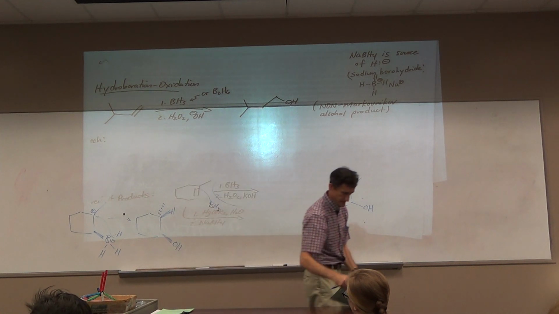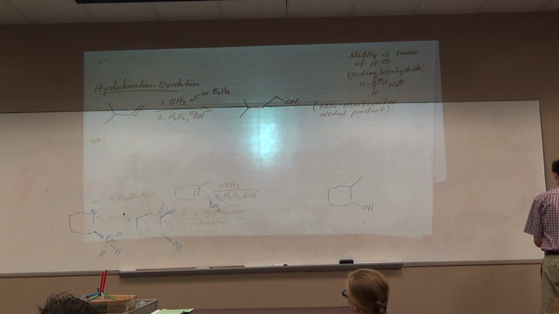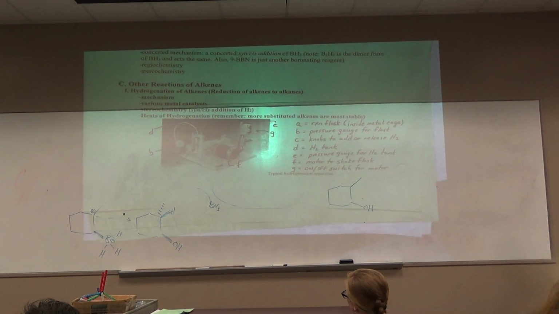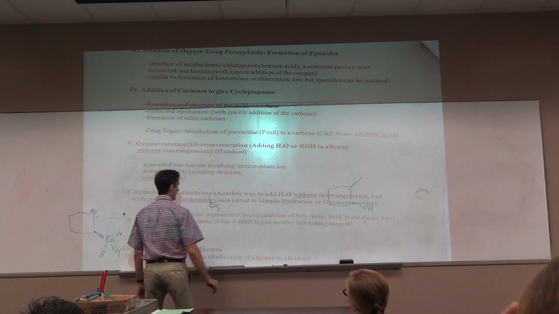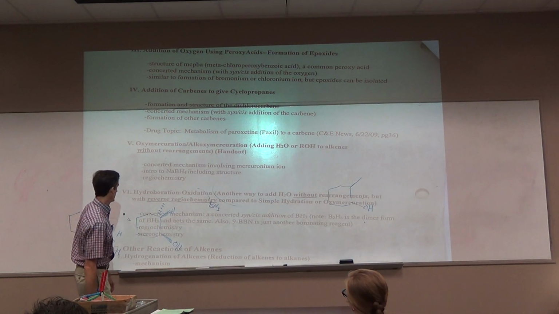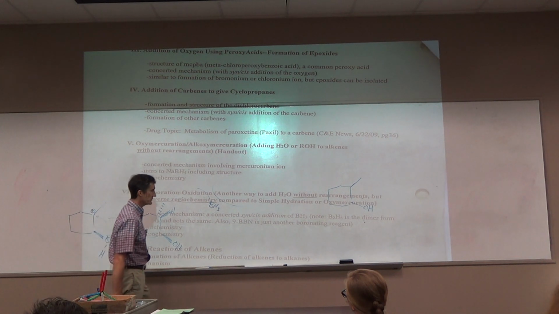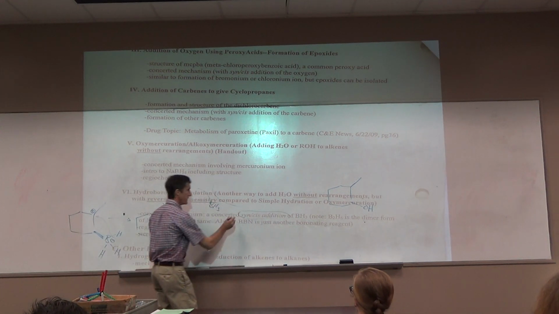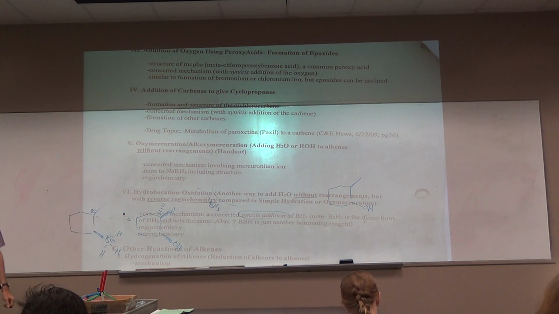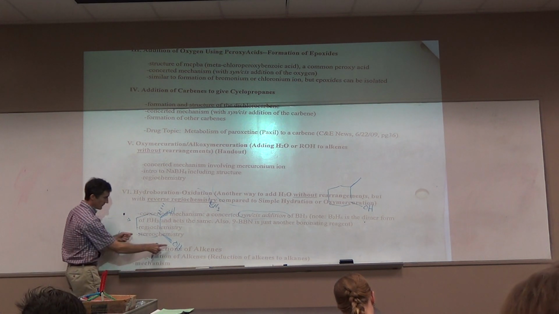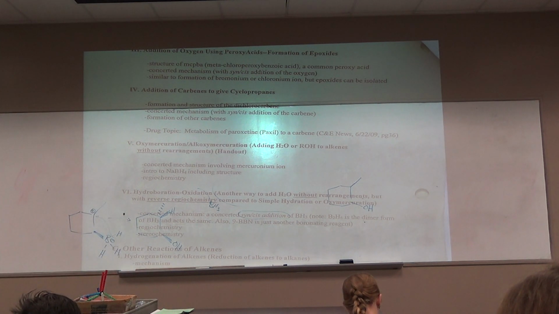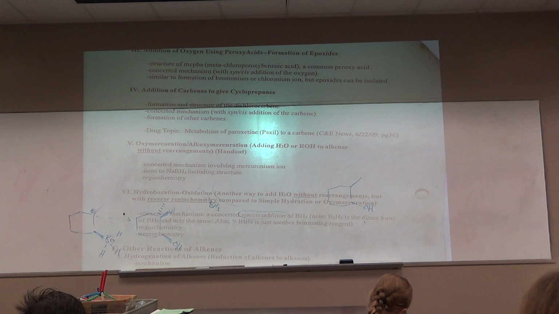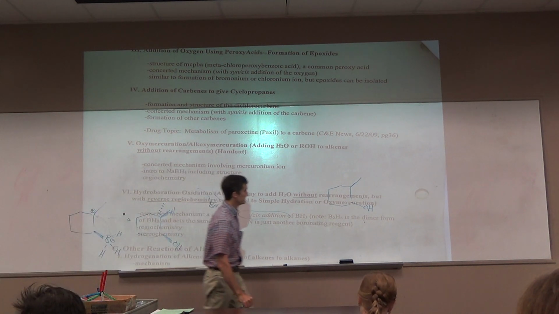That's why, I haven't been referring to this each time, but that's why this is called what type of addition of BH3? The boron and H are cis. It's also called syn, same side. Okay?